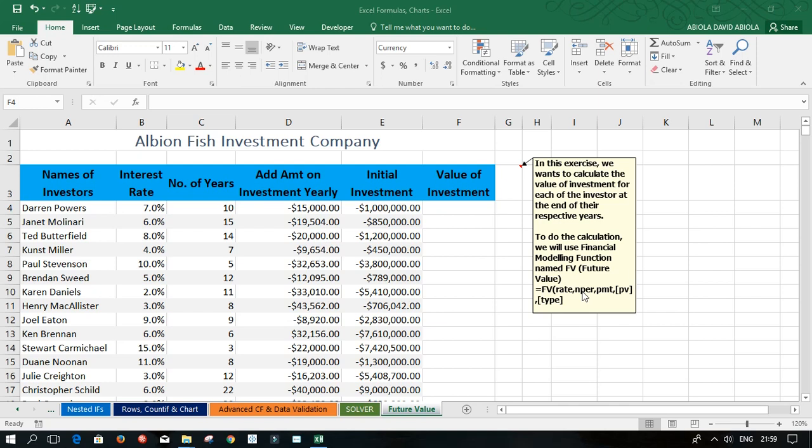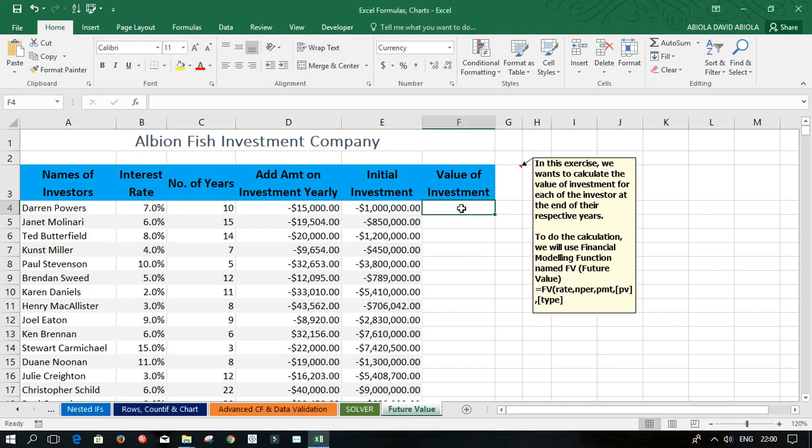In other words, the number of years that we want to invest our money, and of course the PMT is the payment amount to be made monthly or annually. And of course we have two optional arguments, that is the present value and type. So let's get into the calculation.